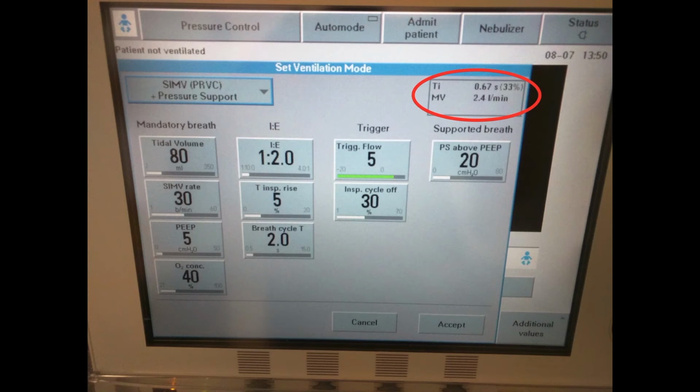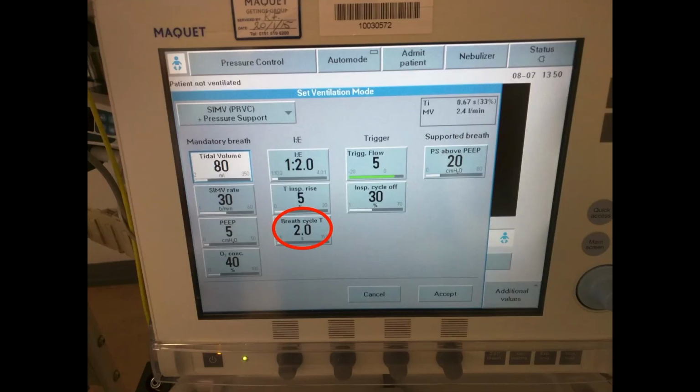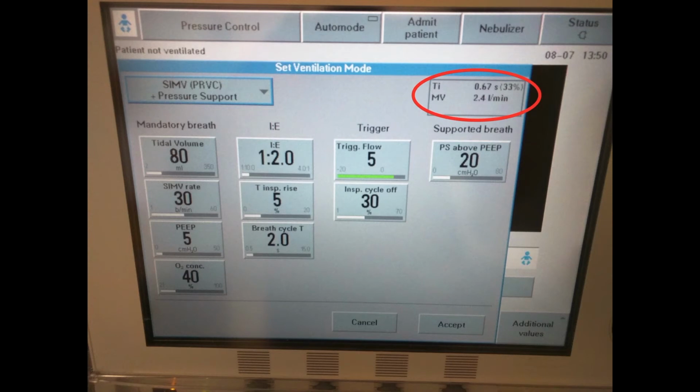And these are the I:E ratio and the total breath cycle time. As I've said, we normally leave the I:E as 1 to 2. So what you need to do is select the breath cycle time button, which you can see here highlighted on the screen, and adjust that until you've got the I time, which is selected now in the top right hand corner of the screen, to the number that you want it to be.